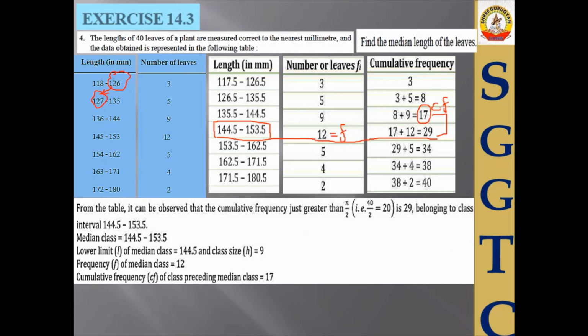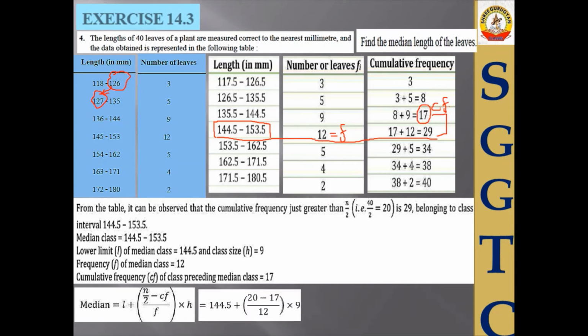The number of leaves is written the same, and the cumulative frequency is written: 3, 3 plus 5 is 8, 8 plus 9 is 17, 17 plus 12 is 29, like all. Now students, what is the total? Yes, total is 40. So 40 divided by 2 is your 20. So where does 20 belong? Between 17 and 29.